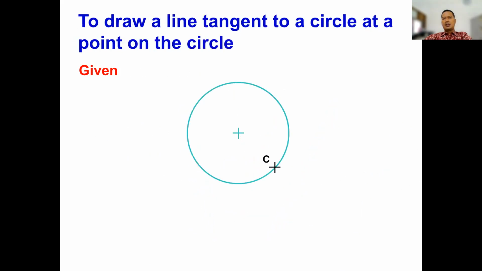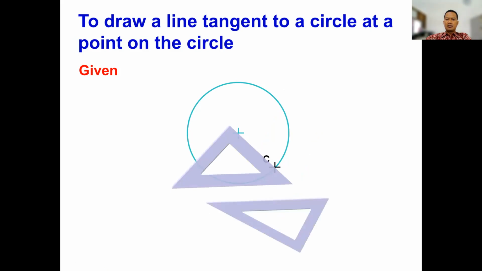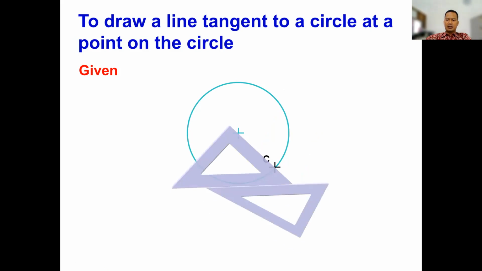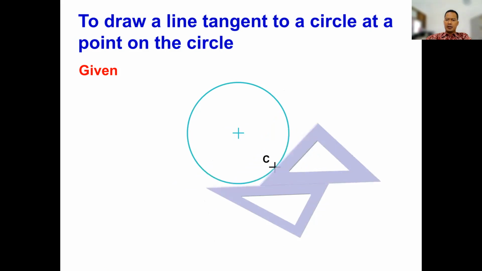To draw a line tangent to a circle at a point on the circle, given, for example, we have C point in here, then we will create the tangency line through the C point like this.